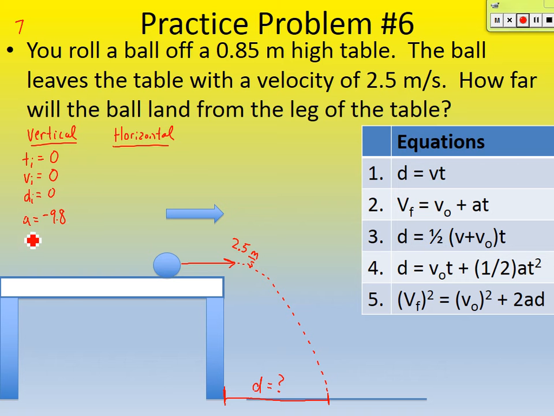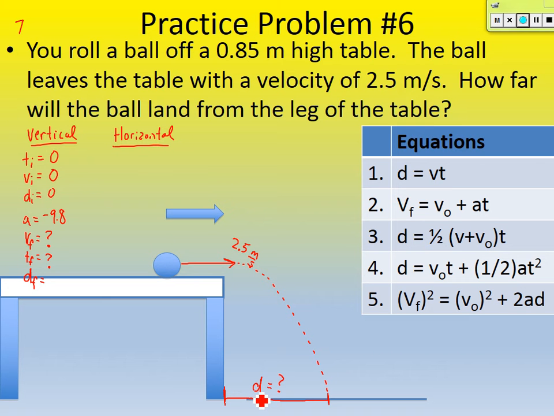What is velocity final? Do we know how fast it's going right before it hits the ground? Did it tell us? No. What is time final? Do we know how long it's in the air? No. Nope. So put a question mark on that one as well. And this one we do know. What's displacement final? Good. If we call this point at which it falls off the table 0, the initial displacement 0, how far down was that table?